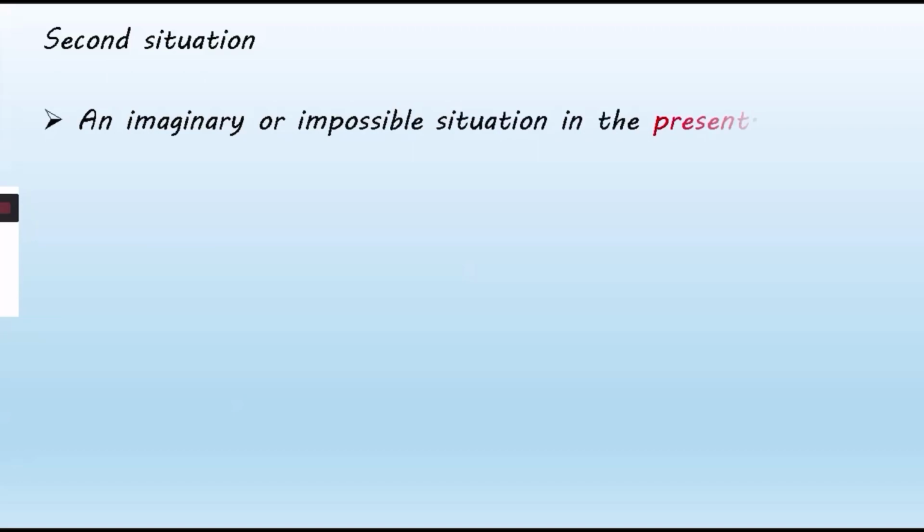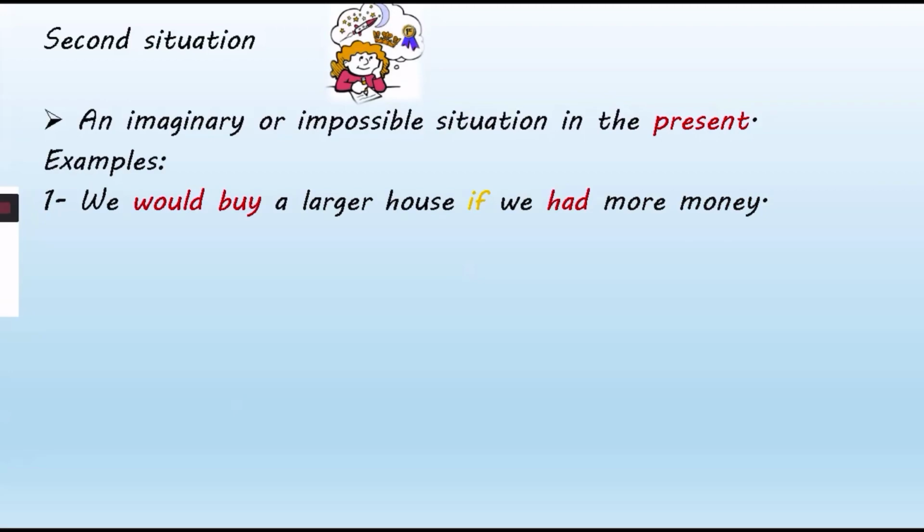Now let's see the second situation. In the second situation, what is it? It's an imaginary or impossible situation in the present. So in the present, you're imagining something or describing something that is impossible to happen. For example, let's see the examples. We would buy a larger house if we had more money.